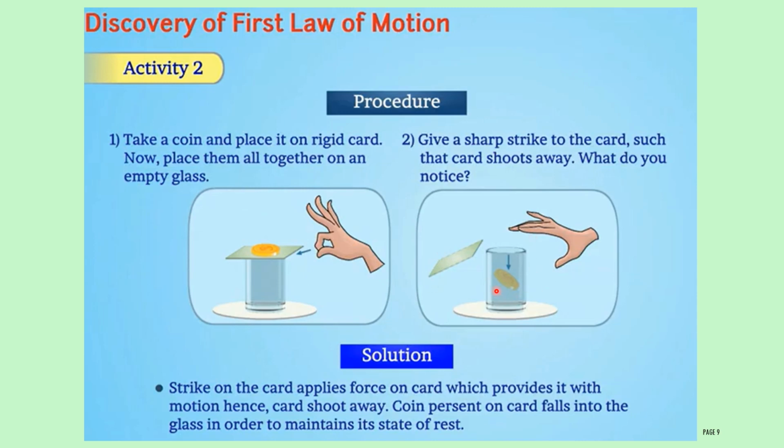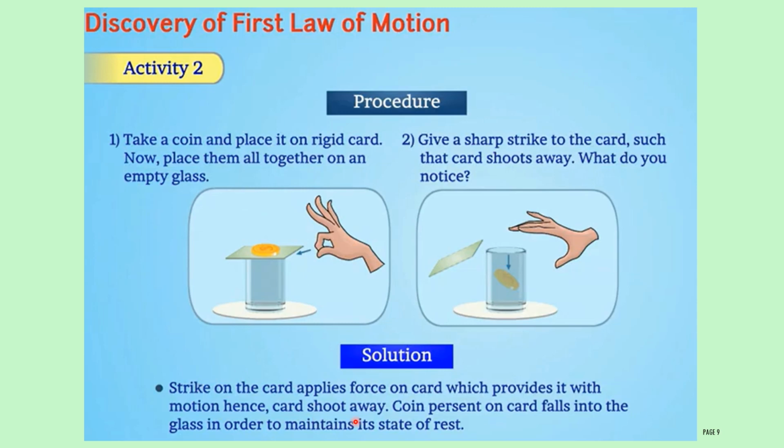Let us discuss here. The strike on the card applies a force on the card, which provides it with motion. Because of the force, the card starts moving and shoots away.